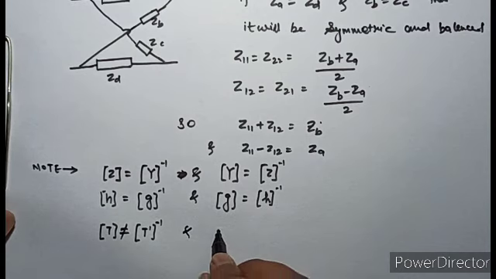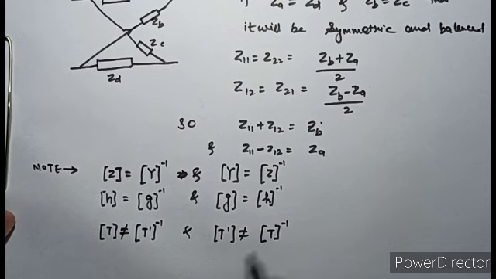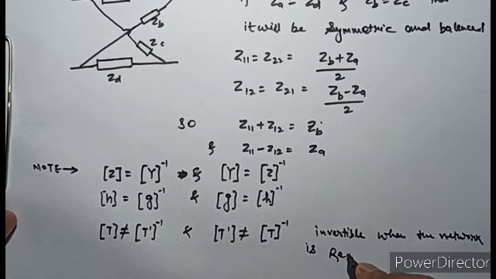And the inverse T parameter will not be equal to the inverse of the T parameter, and these two will be invertible when the network is reciprocal.